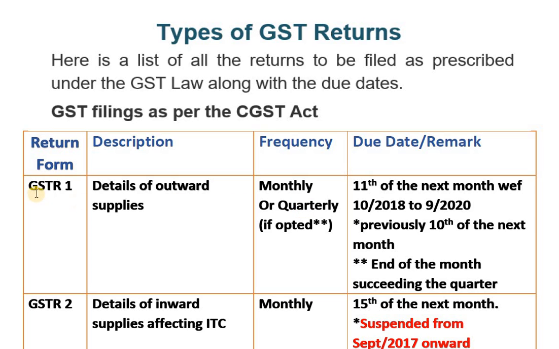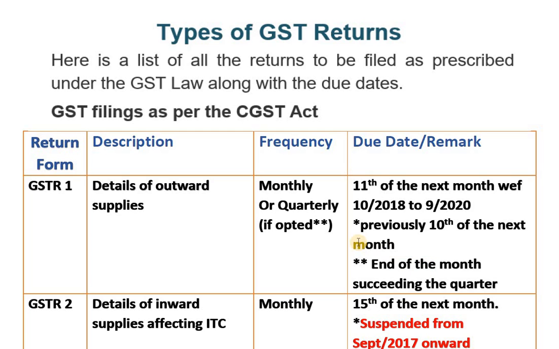And what are the due dates of filing GSTR 1? It is the 11th of the next month with effect from October 2018 to September 2020. In between these dates, from October 2018 to September 2020, they have to file by the 11th of the next month, while previous to this period, it was filed by the 10th of the next month.